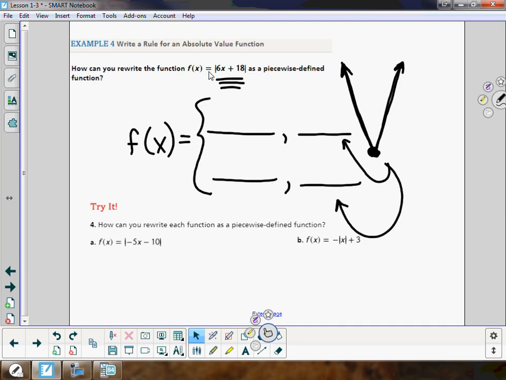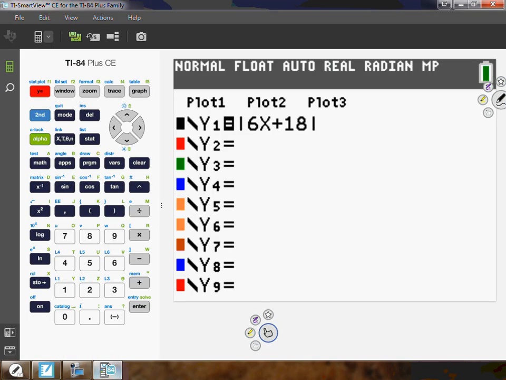So for assistance, let's go to our calculator and pop this into y equals the absolute value of 6x plus 18. When you hit graph, you should see a couple things. You should see a steeper or dilated function, and you should see that it is shifted left, but not 18.